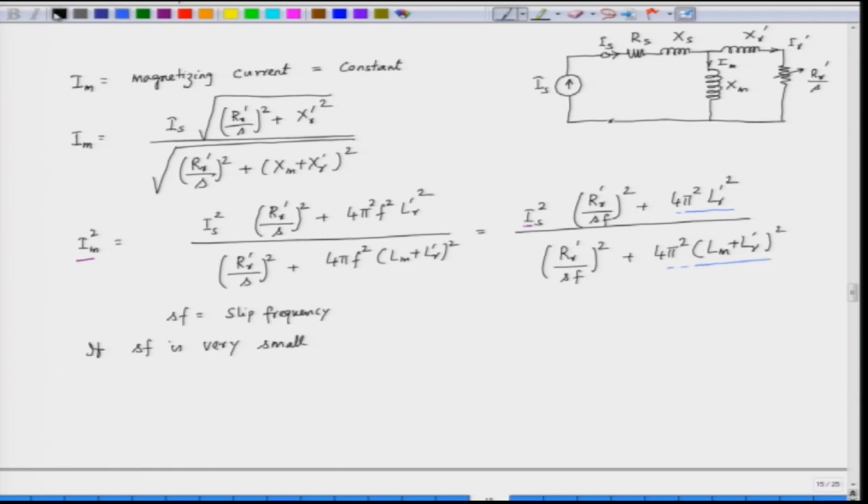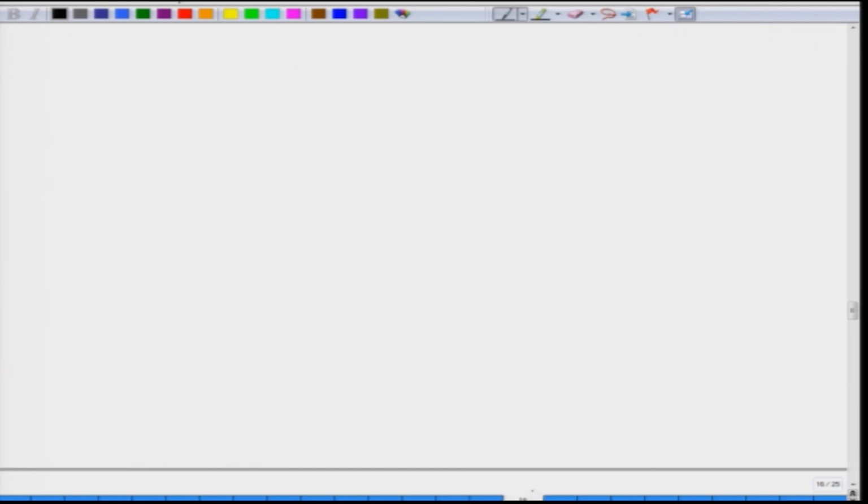So, what we get here is that Im square is equal to Is square into (Rr prime by Sf) whole square divided by (Rr prime by Sf) whole square, which implies Im equal to Is. So, if Sf is very small, the RMS value of the stator current is the same as the magnetizing current.